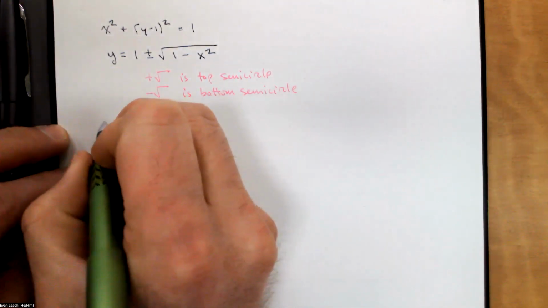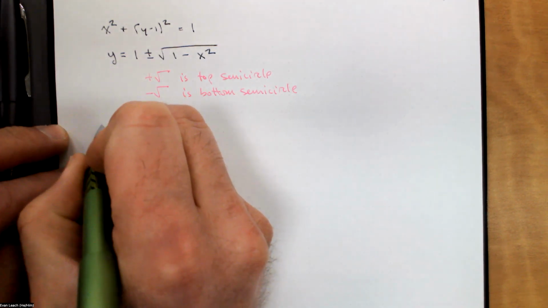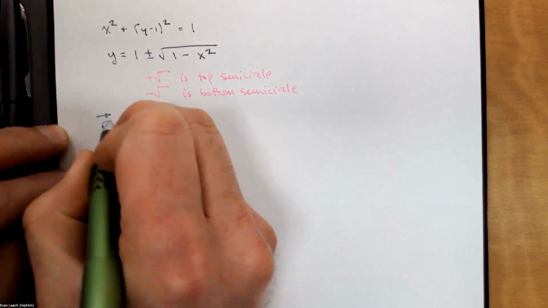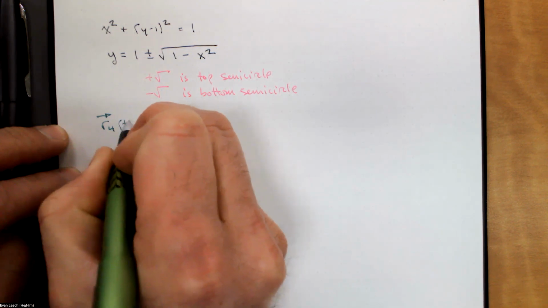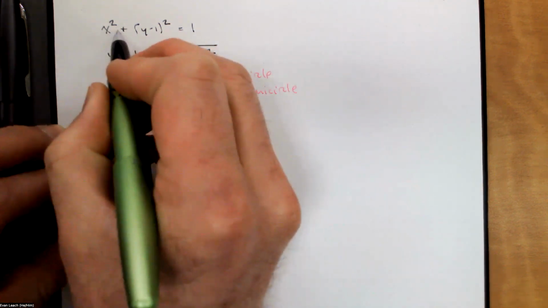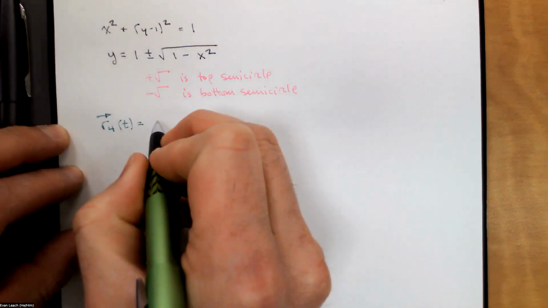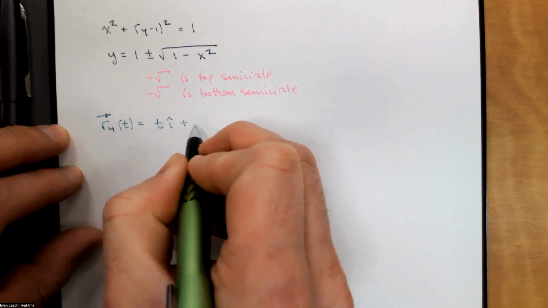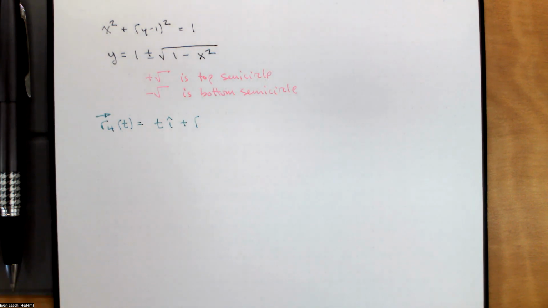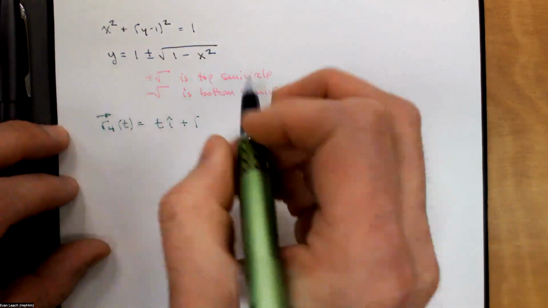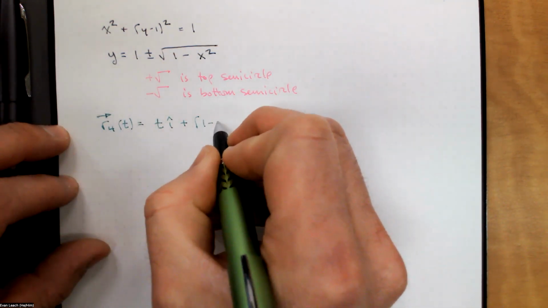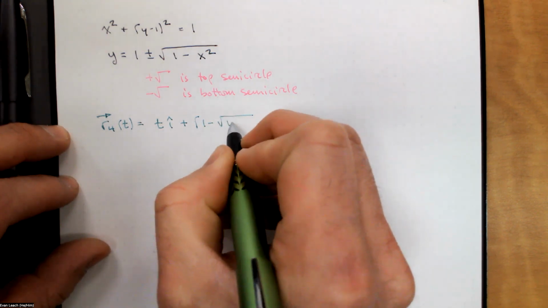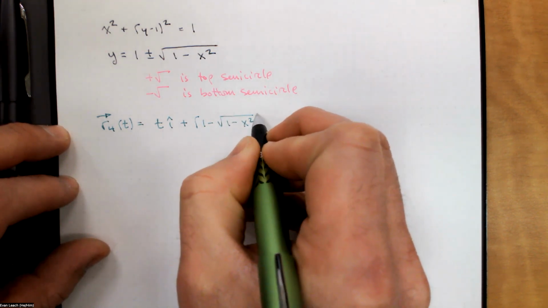So our alternate r4 of t. Here we are using x as the parameter. So t times i. We're going to use the bottom semicircle, so I want the minus square root. So 1 minus the square root of 1 minus x squared.